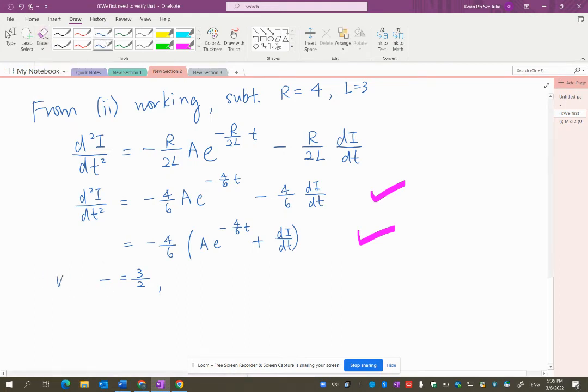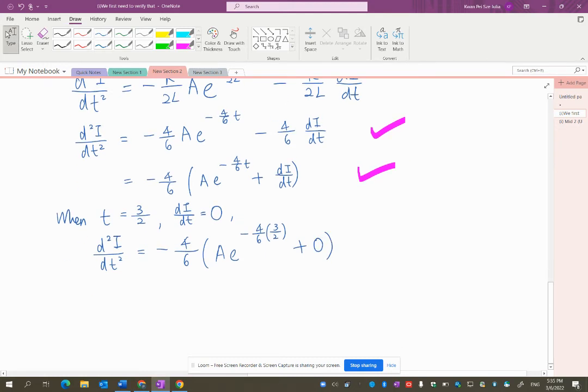I said when t is 3 over 2, the second derivative is this. And when t is 3 over 2, it is at the stationary point, so we also substitute dI/dt is 0. So this will be 0.